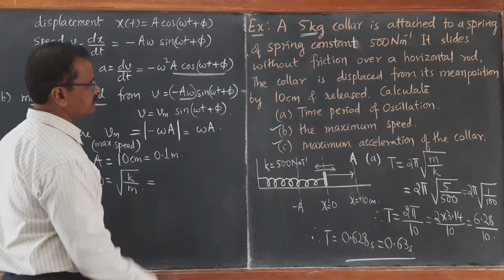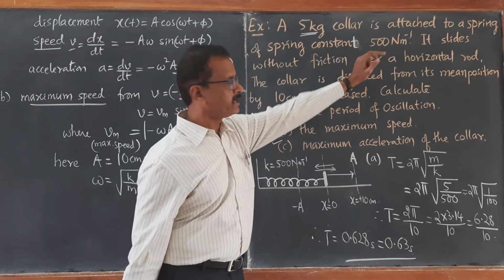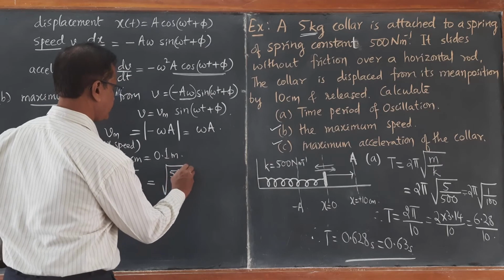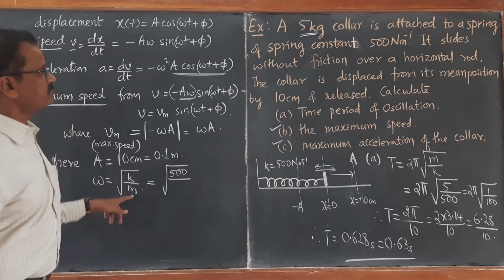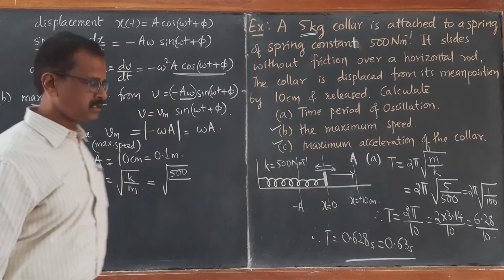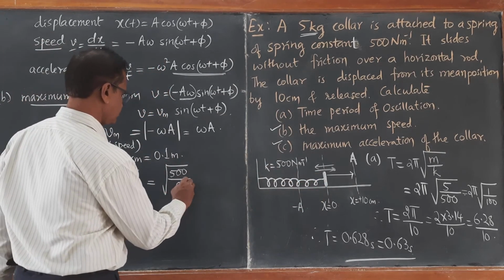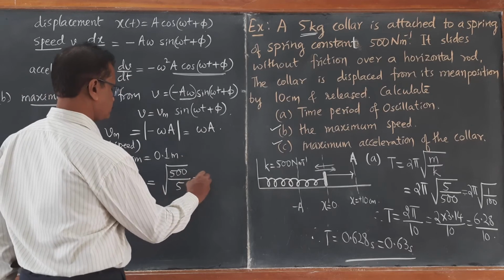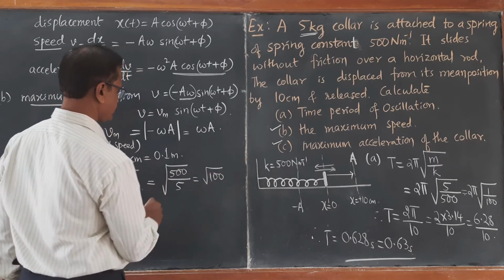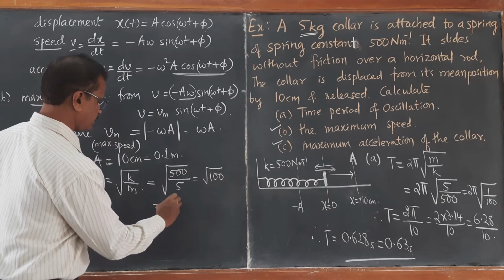So k is given, the spring constant, 500 Newton per meter. And the mass of the collar, that is the mass of this block, is 5 kg. That becomes square root of 100. So the square root of 100 becomes 10.